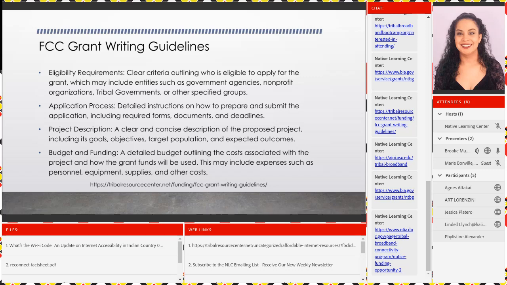Your budget and funding, you definitely need to go very, very detailed. If it's not exactly outlined the way that you need it, there's not much wiggle room that is allowed there. Make sure you're including all expenses and all other costs. And while you're doing that, definitely keep in mind that there is a backstock issue.